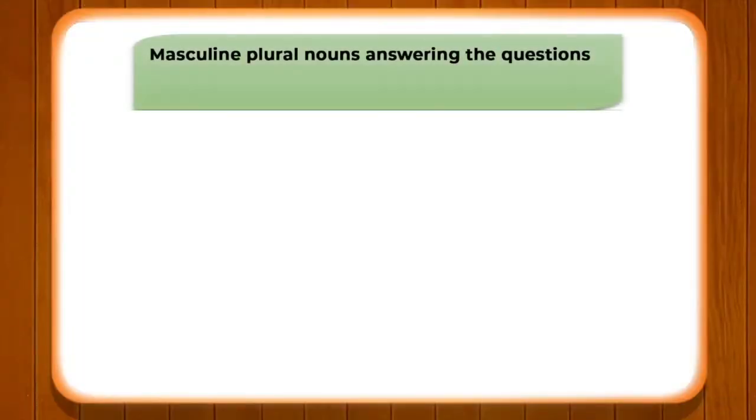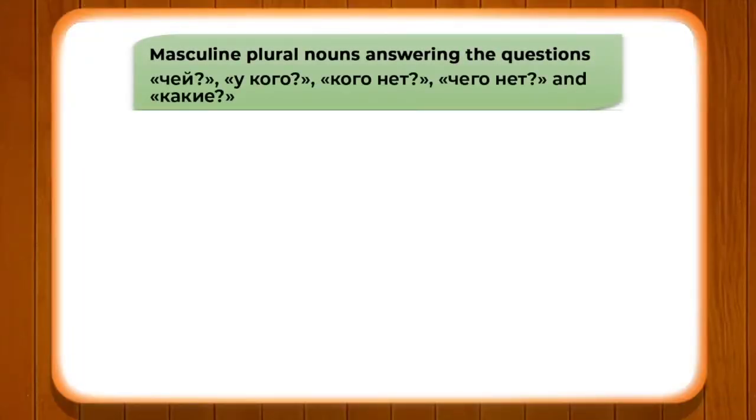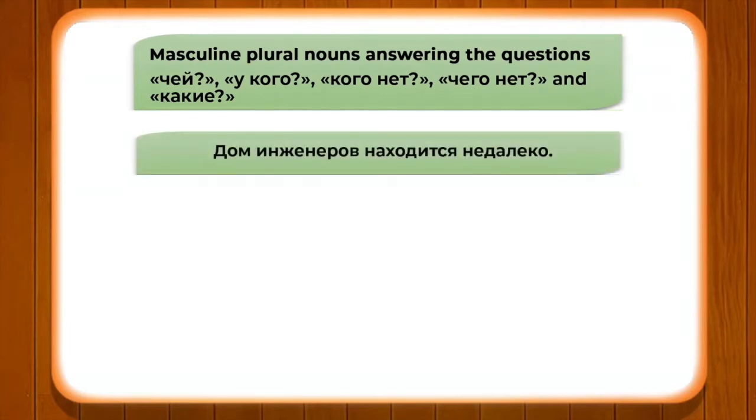Now, let's pay attention to the masculine plural nouns answering the questions чей, у кого, кого нет, чего нет and какие. To understand all these questions, let's pay attention to the model. Дом инженеров находится недалеко.